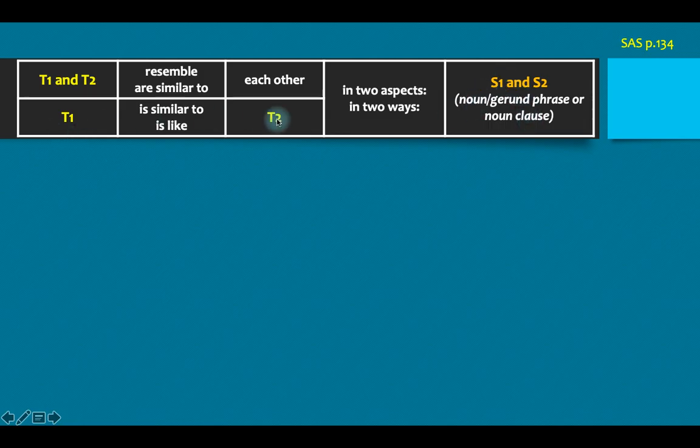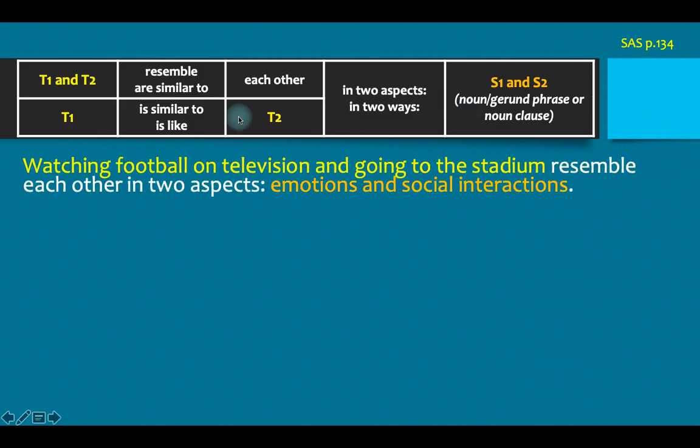You could also divide up your things and say thing 1 is similar to thing 2 or is like thing 2 in two ways. Let's look at some examples. Watching football on television and going to the stadium, so here I'm using gerunds, resemble each other in two aspects, emotions and social interactions.